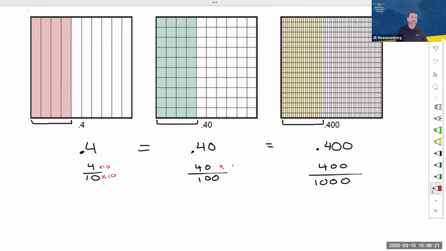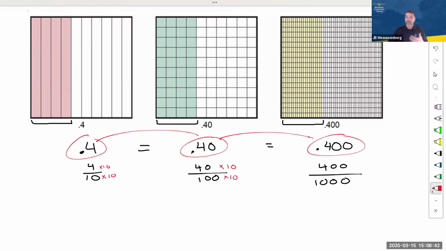Same thing here. Multiply 40 over 100 by 10 on top and bottom, and you get 400 over 1,000. These are the visual representations of those. So it's okay, based on the situation that you're working with, to interchange these with each other, right? Whichever is the appropriate one for your scenario, that's what you are going to use.